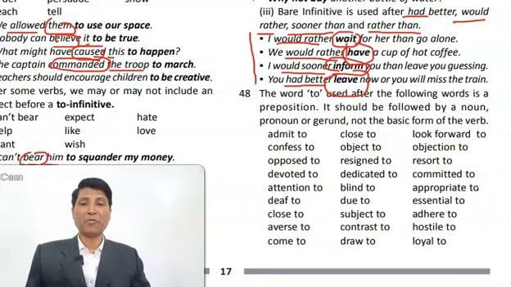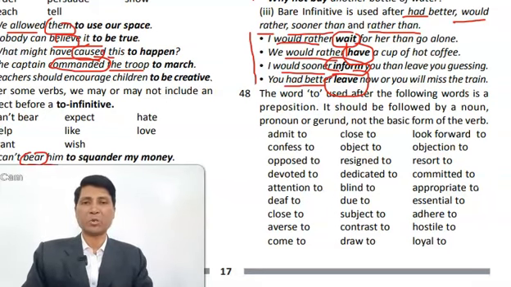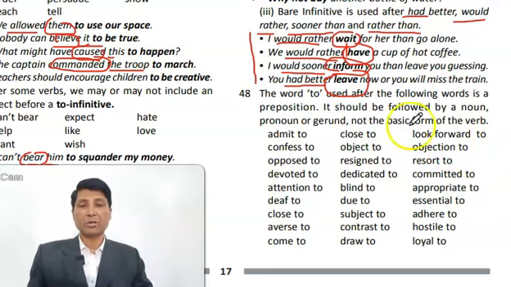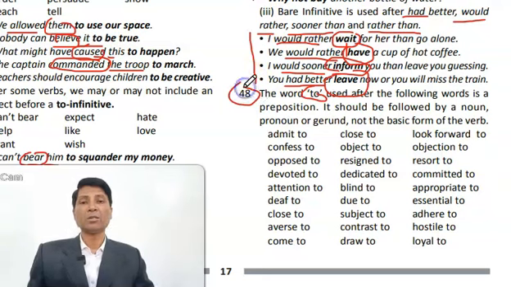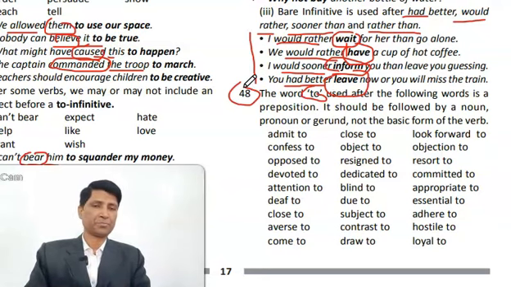And this rule number 4 is again very, very important. In the last lecture I was discussing that this use of the word "to" is very tricky. Why is it very tricky? Because it can come as a particle and it can be used as a preposition. Let me explain it.